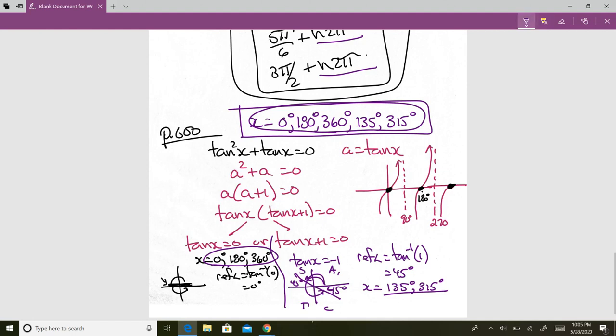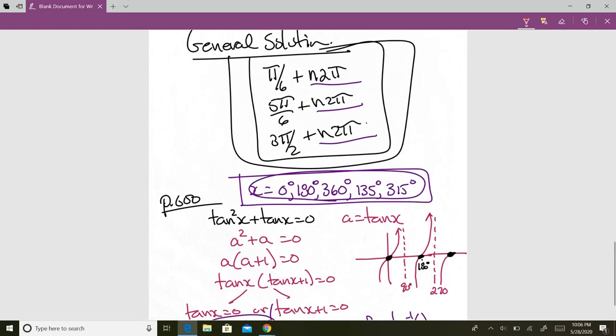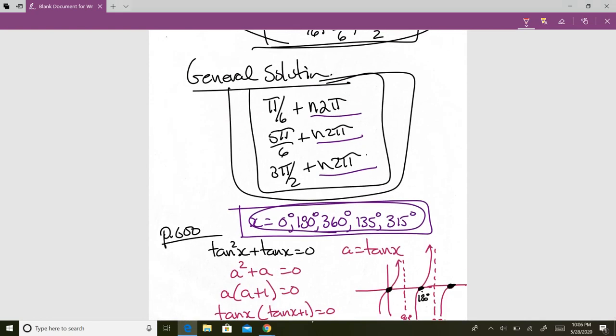So where am I going to write the general solution here? I'll write it up here. The general solution is going to be 0 plus n 180. It's going to be 180 plus n 180, if you go in chronological order. 360 plus n 180. 135 plus n 180.